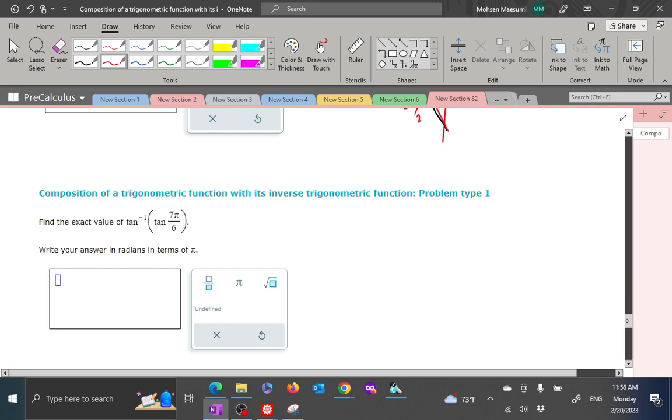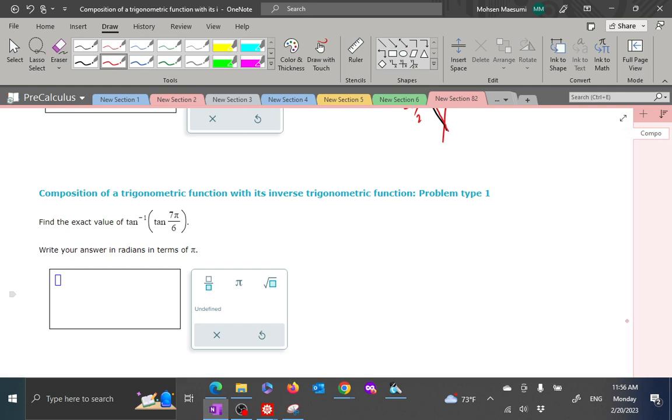Tangent inverse of tangent of 7π/6. Again, when the inverse is on the outside, that's where all the discussion happens. So we have 7π/6. Where is 7π/6? 7π/6 is like 6π/6 and an extra, so it comes to an angle like this.